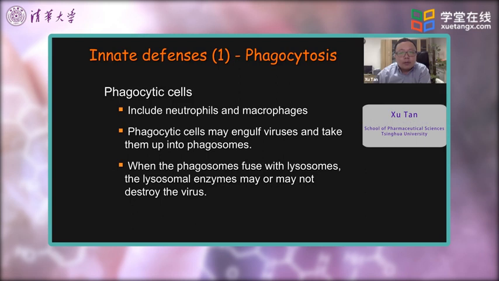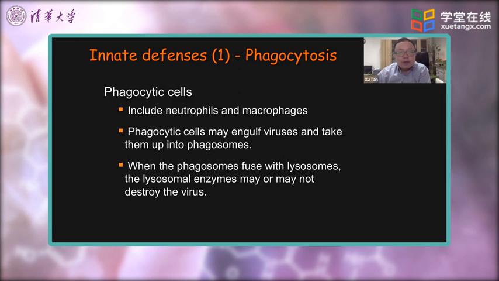As I mentioned, a very straightforward way of innate defense is through so-called phagocytosis. Basically, there are these types of white blood cells in your circulation system as well as in other tissues that are sort of like vacuum cleaners.